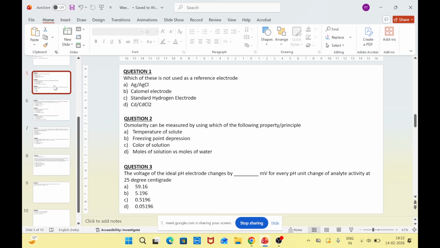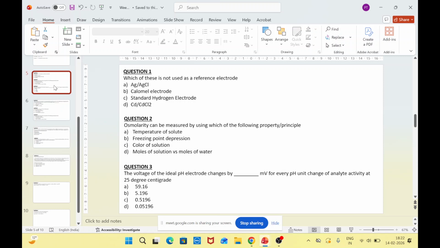So the first question is, which of these is not used as a reference electrode? Very simple one. Ag/AgCl, calomel, standard hydrogen electrode, Cd/CdCl2, cadmium or cadmium dichloride.